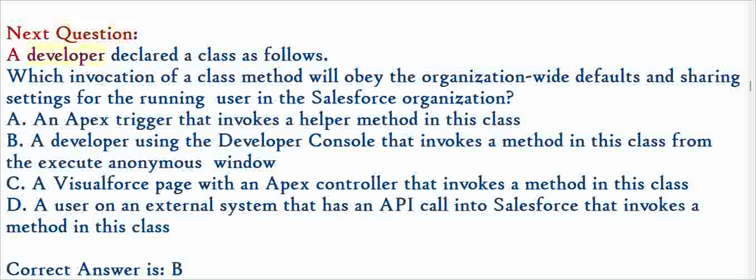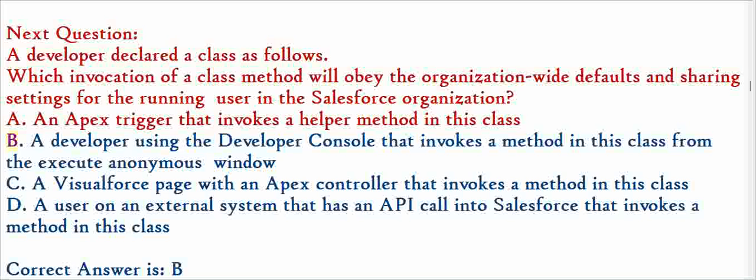A developer declared a class as follows. Which invocation of a class method will obey the organization-wide defaults and sharing settings for the running user in the Salesforce organization? A. An Apex trigger that invokes a helper method in this class.